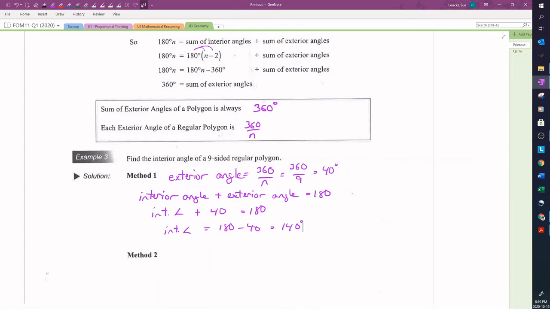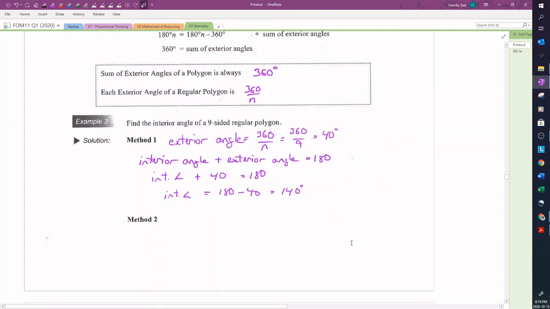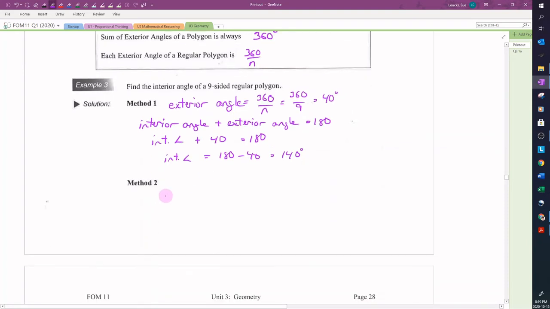The other way to do it is to use the formula that we had up at the beginning, which is that the interior angle is 180 times n minus 2 divided by n. So in this case, that's 180 times 9 minus 2 divided by 9, which is 180 times 7 divided by 9, which is 140 degrees.